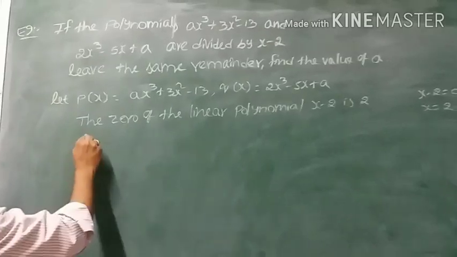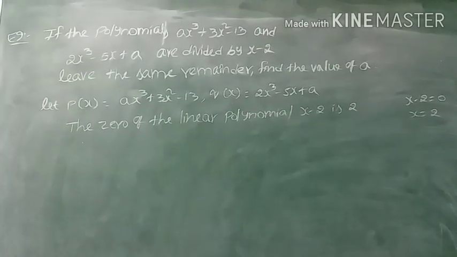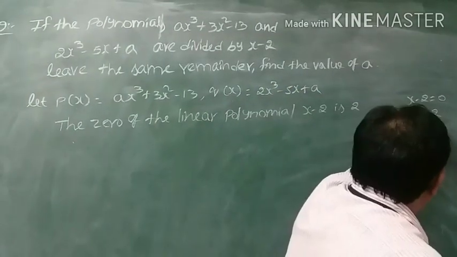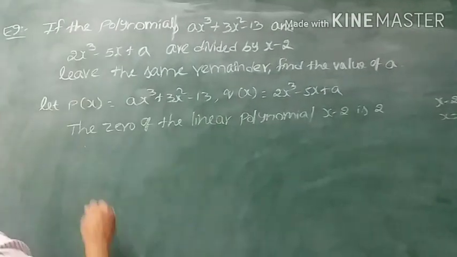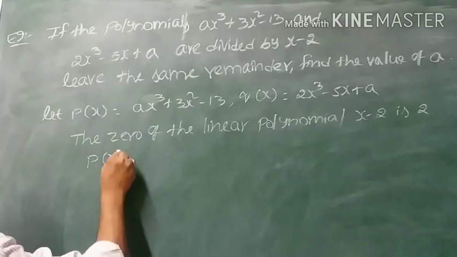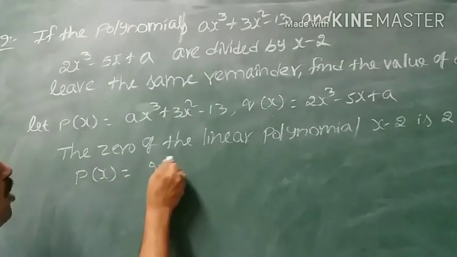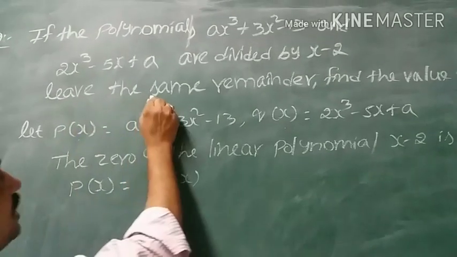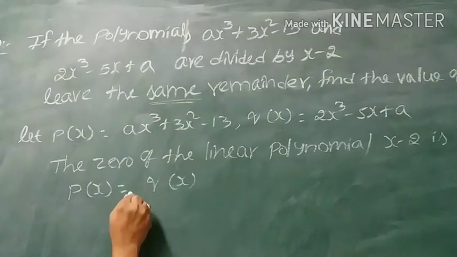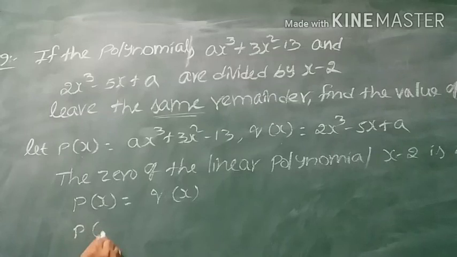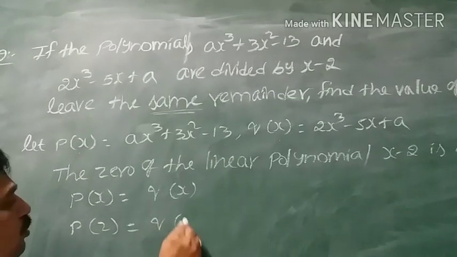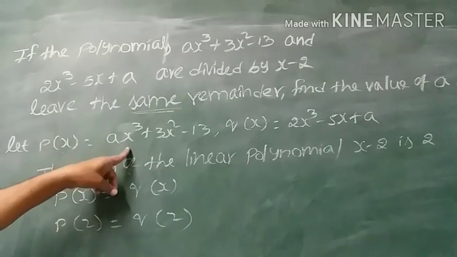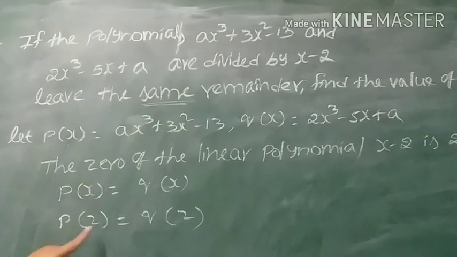Now, according to the problem, they leave the same remainder. So p of x is equal to q of x. Why? Because leaving the same remainder means the values are equal. Therefore p of 2 is equal to q of 2. That means in place of x we have to substitute 2.